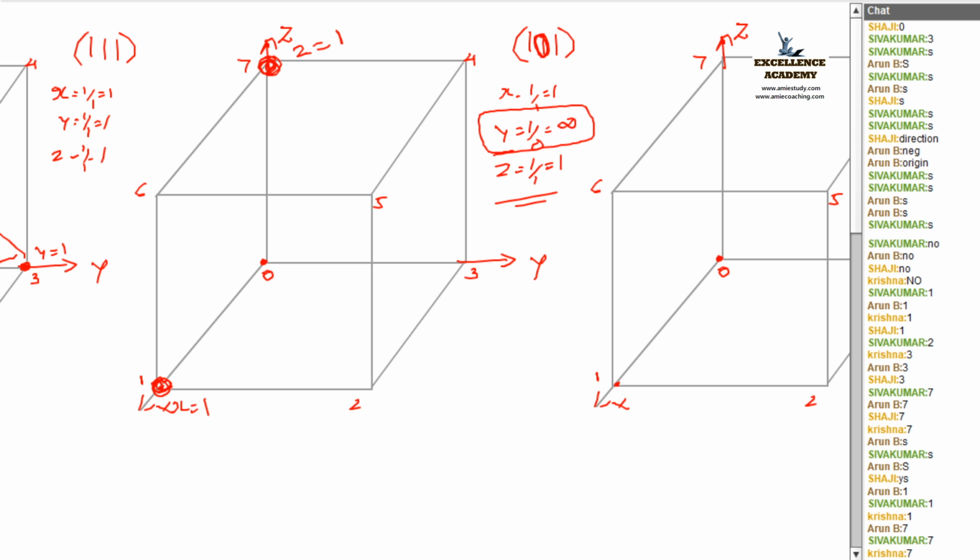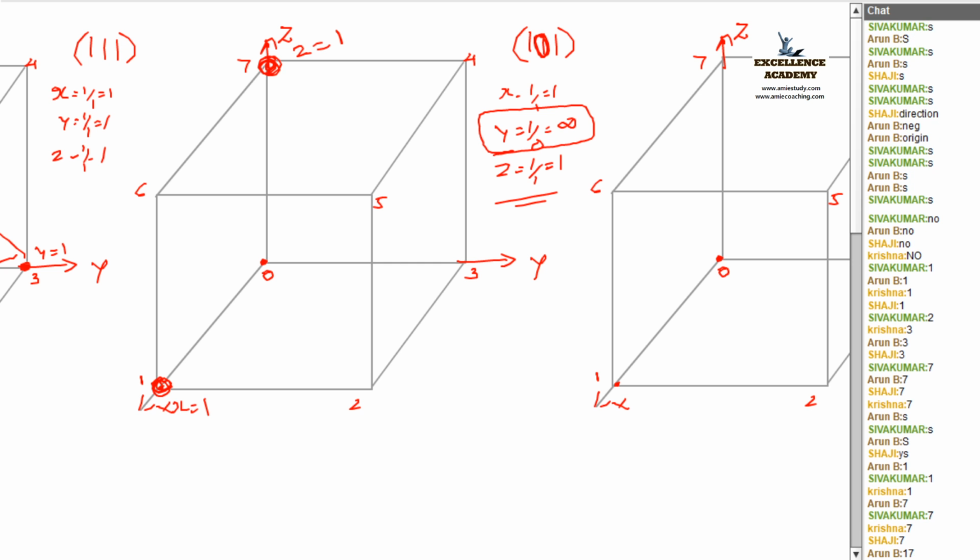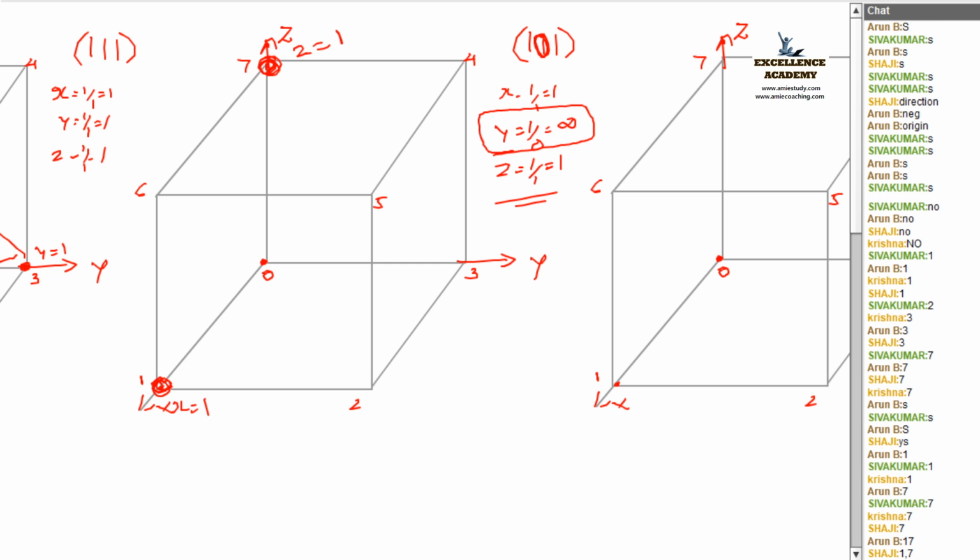So to draw the infinite axis from the obtained points, which are my obtained points? 1 and 7, isn't it? From those obtained points, you have to draw a line parallel to the y-axis.